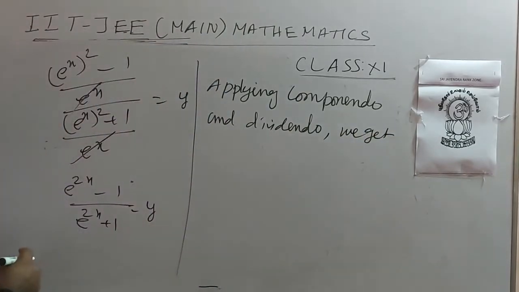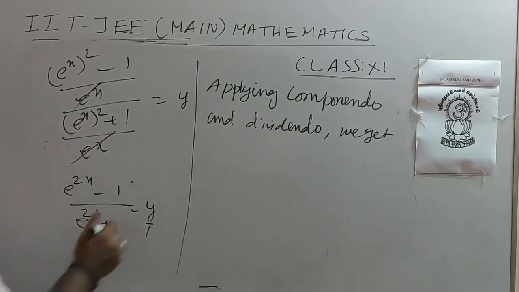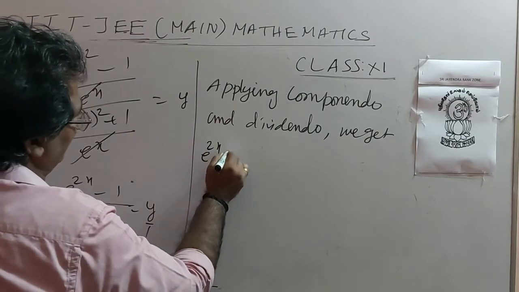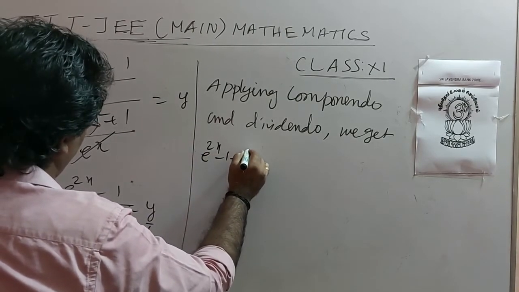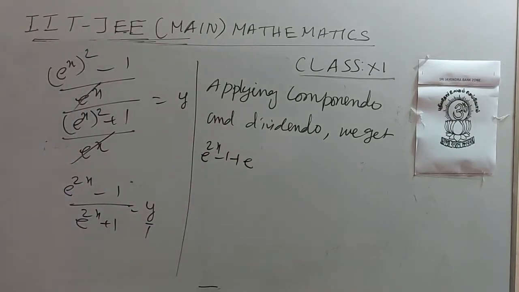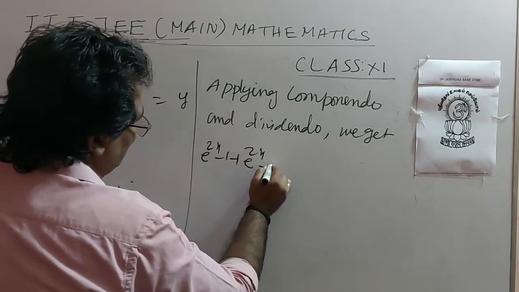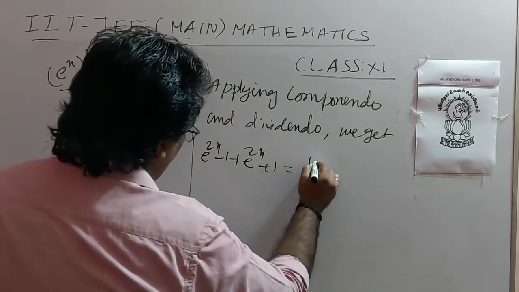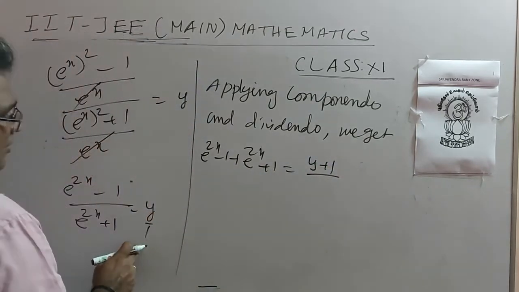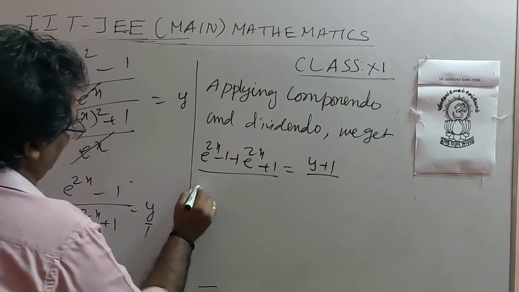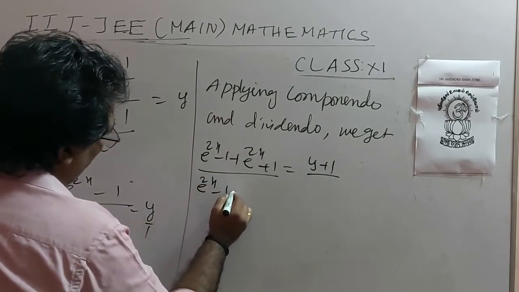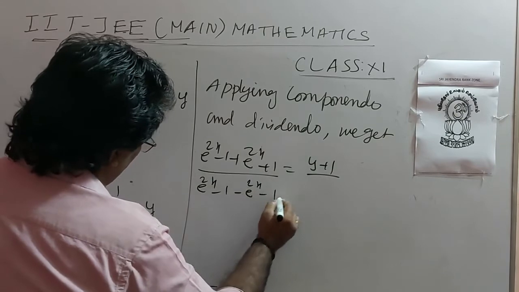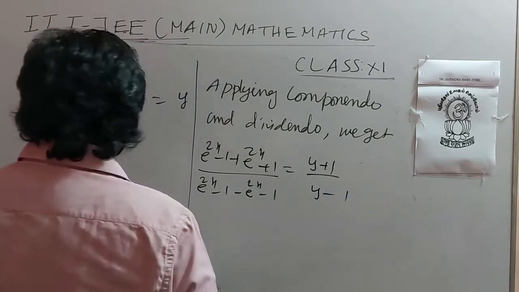Applying componendo and dividendo: numerator plus denominator by numerator minus denominator on both sides. That is e power 2x minus 1 plus e power 2x plus 1 gives y plus 1, divided by e power 2x minus 1 minus e power 2x minus 1, that is y minus 1.